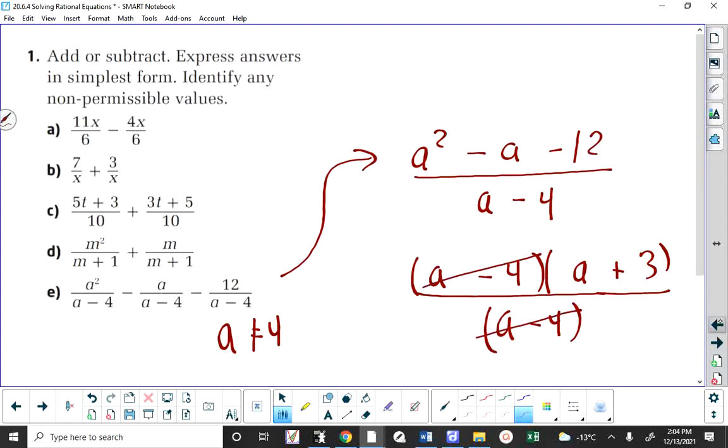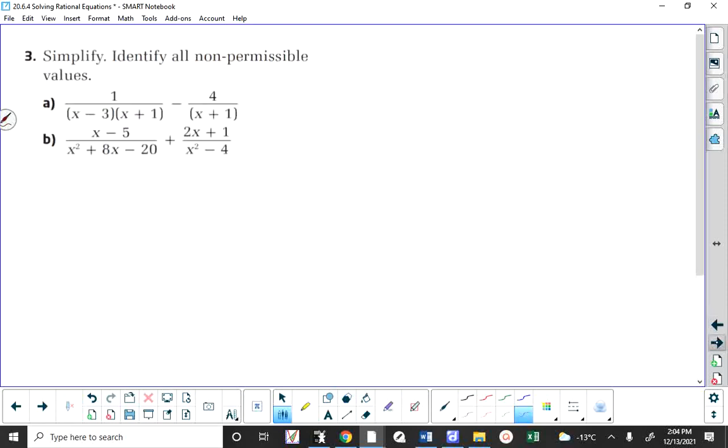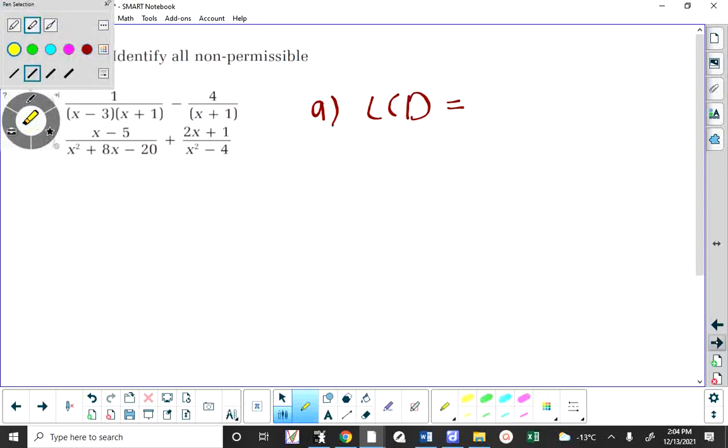So what if, that's question 1, what if you do not have a common denominator? Well, if you take a look at A, the lowest common denominator has to be something which contains each factor of each denominator. So the denominator of the first fraction, I'll highlight this in yellow just in case somebody's watching this, is x minus 3 times x plus 1.